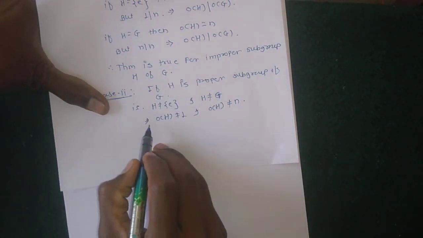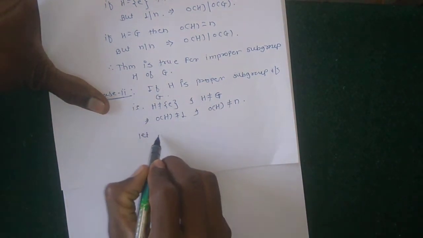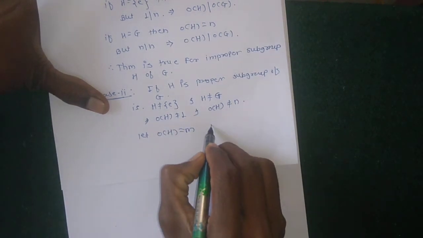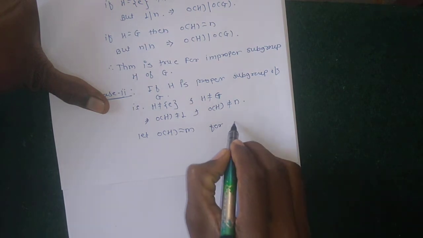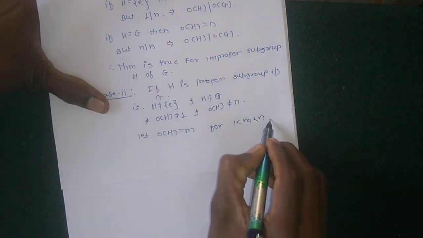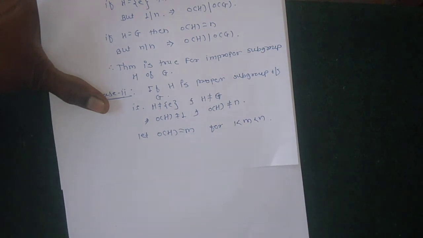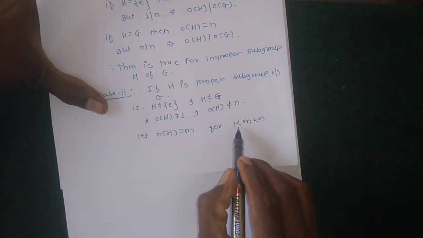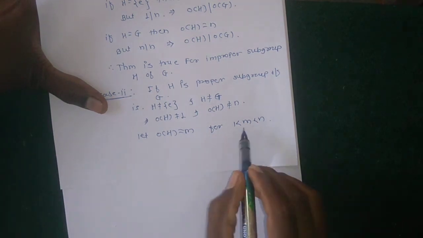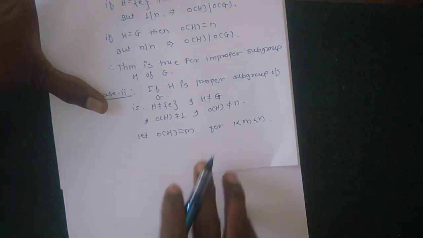Let the order of H equal m, where m is not equal to 1 and m is not equal to n, and m lies between 1 and n.